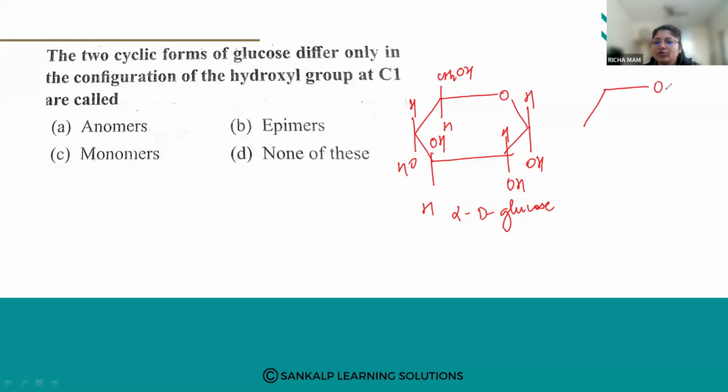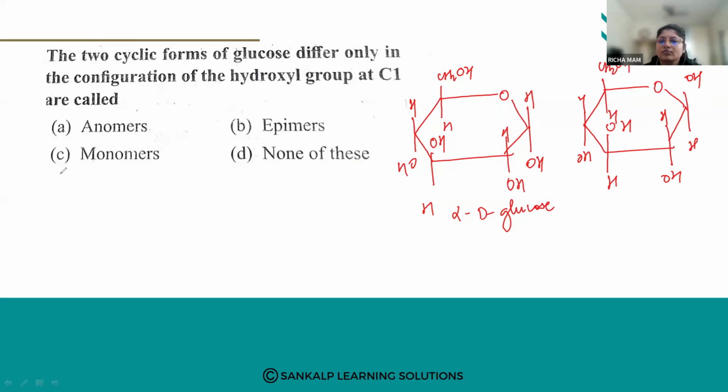Let me write the beta D glucose. So this is beta D glucose.